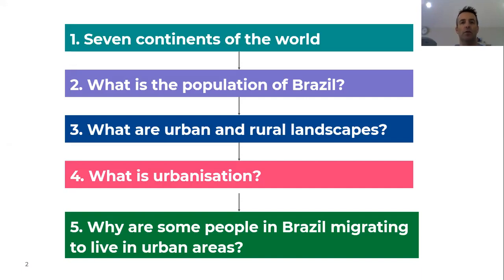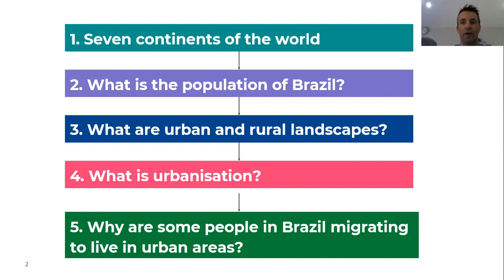And we're going to look at some urban and rural landscapes. Now, if you haven't heard of the words urban or rural before, that's okay. We're going to go through those meanings later. And we're going to think about the process called urbanisation. And again, we're going to go through that one later. So don't worry if you haven't heard that word before. And finally, we're going to think about why some people in Brazil are migrating to live in different urban areas.